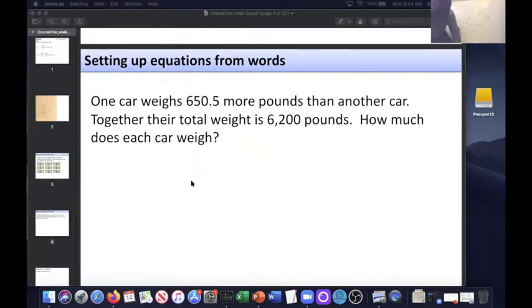One car weighs 650.5 more pounds than another car. When you combine their total weight, you get 6,200 pounds. So how much does each car weigh?